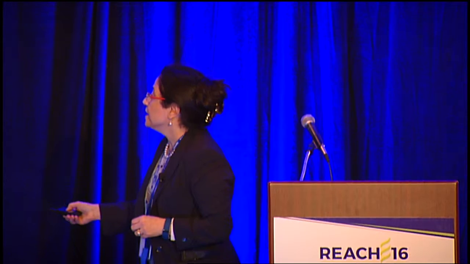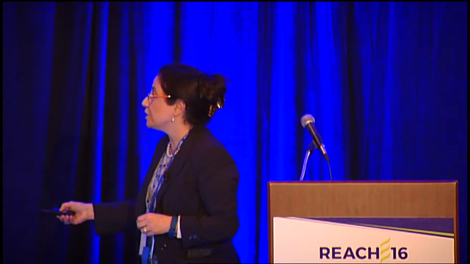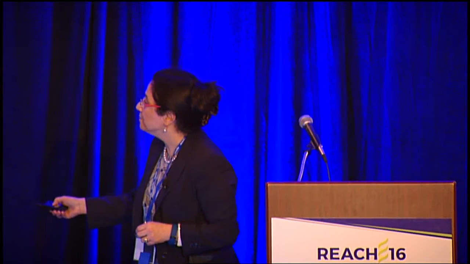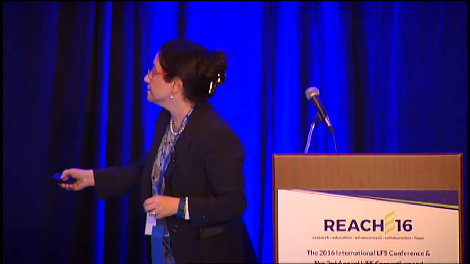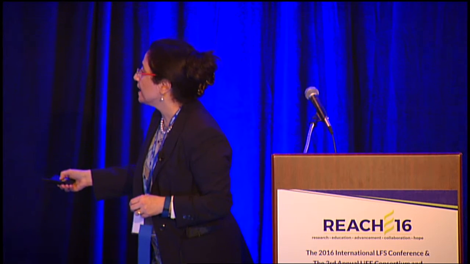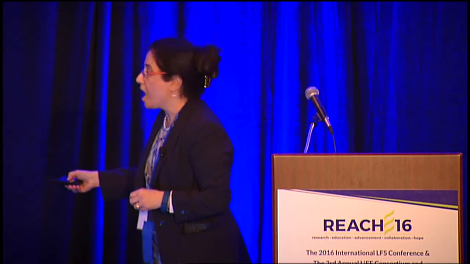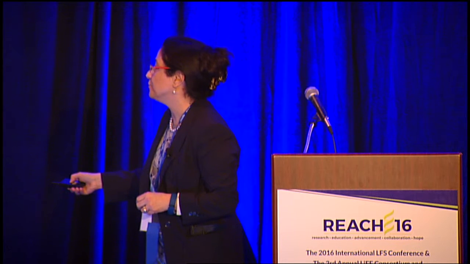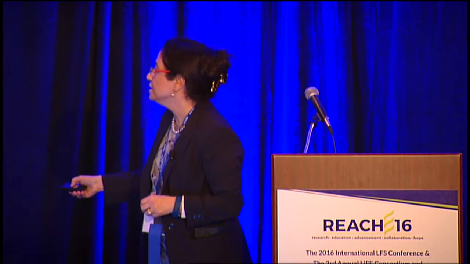Given a diverse audience, I will start with a brief review of germline variant interpretation guidelines. The second point is to know which database repositories are helpful to support P53 variant interpretation.